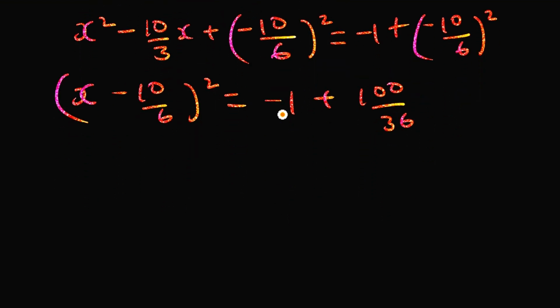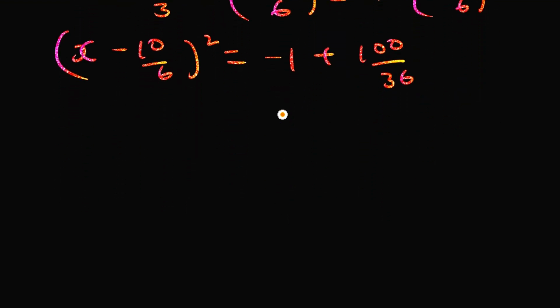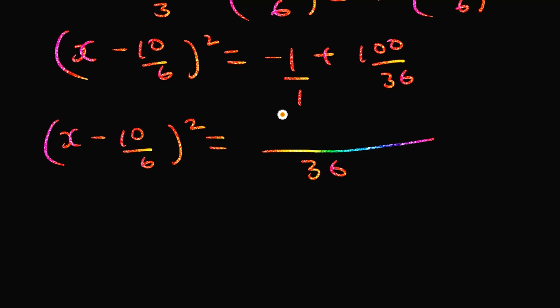So the next thing would be to simplify what we have on the right hand side. So we can treat this as a fraction as well, so that we have x minus 10 over 6 squared is equal to, we take the LCM of 1 and 36, which is just 36. 1 into 36, 36 times negative 1, that is negative 36, plus 36 into 36 ones, 1 times 100 is 100.